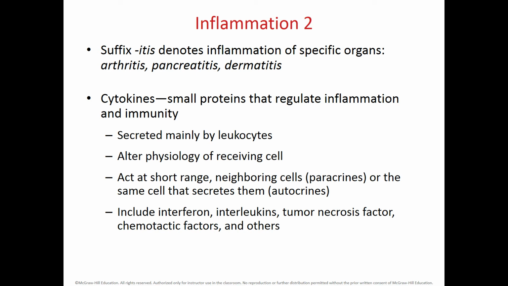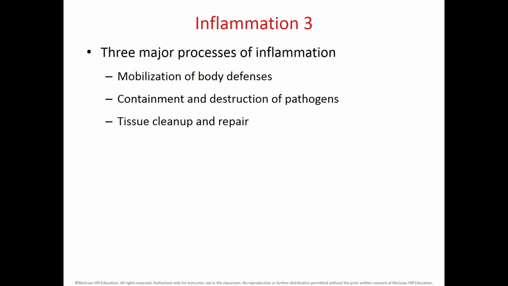Or you can have cytokines activating their own cell, and this is called an autocrine signal. Some of the cytokines are interferons, which will activate this neighboring cell, a paracrine signal. We have interleukins, TNF or tumor necrosis factors, chemotactic factors, and others. There's a bunch of cytokines with different names, so we don't need to know them all.